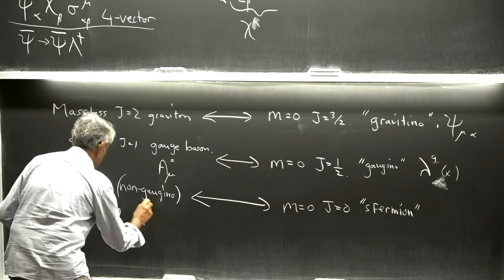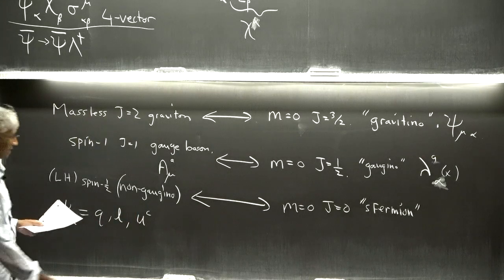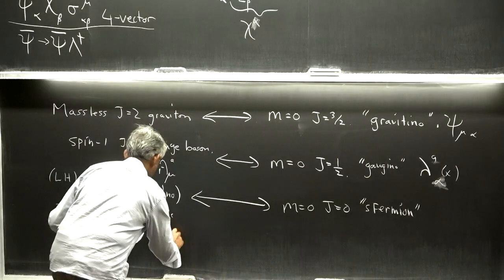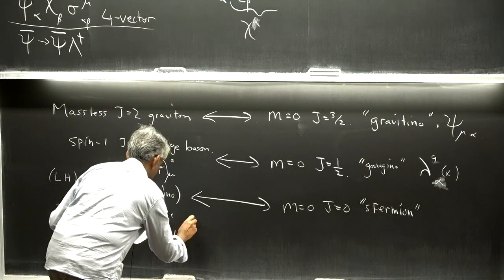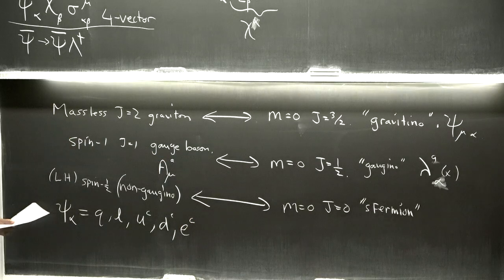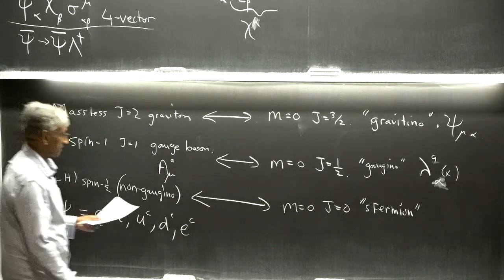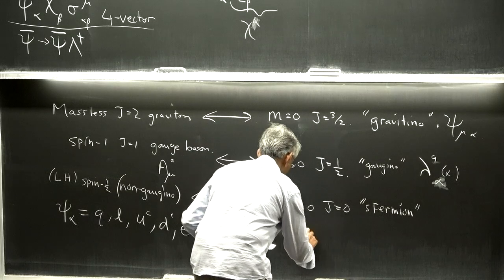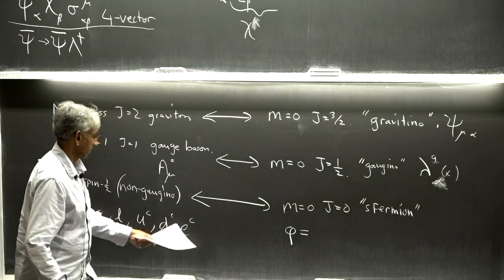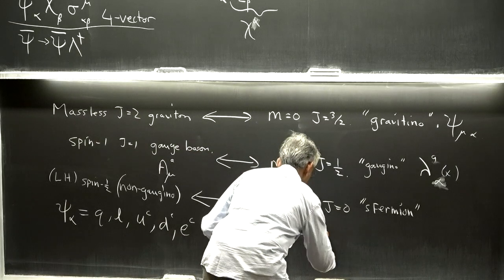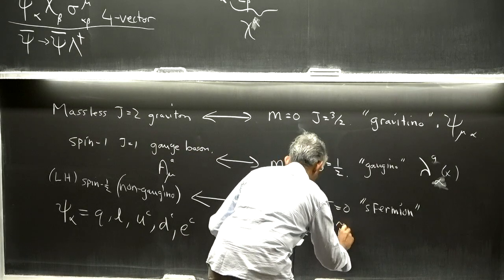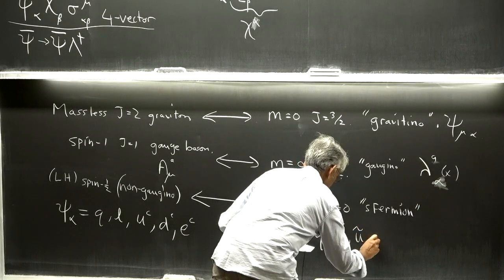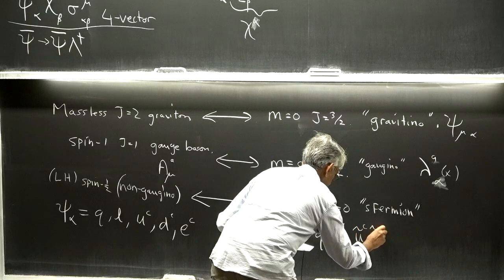There would be the charge conjugate of the right-handed up quark, the charge conjugate of the right-handed down quark, and the charge conjugate of the right-handed electron. And who are these fermions' partners? Well, we could collectively call them phi for scalar, but we talk about the superpartner of all of these things by putting a tilde on everything, and that means it's actually scalars. But keep the C.